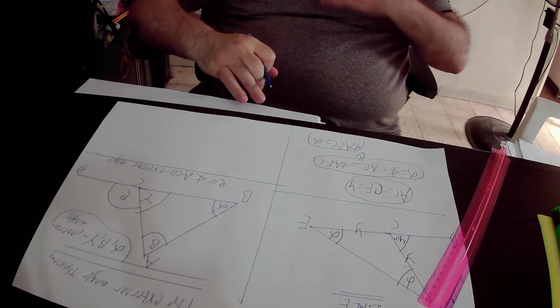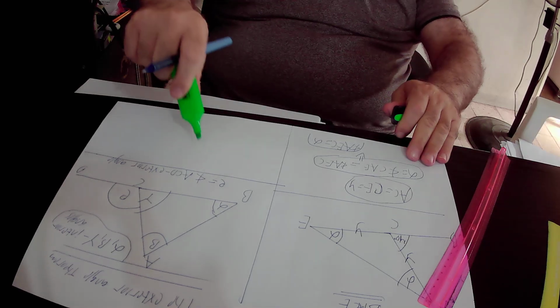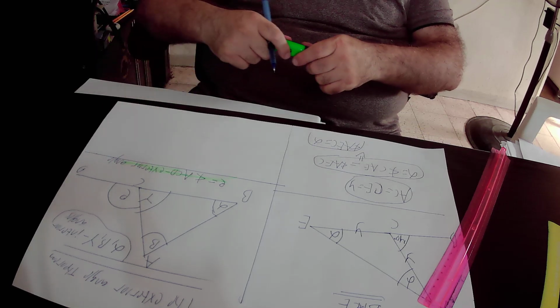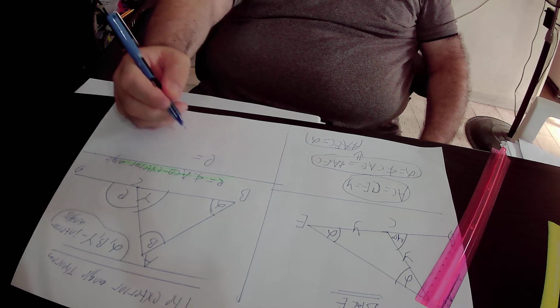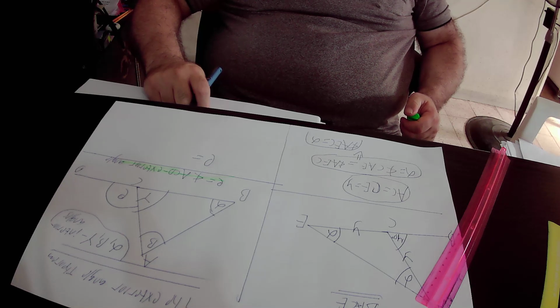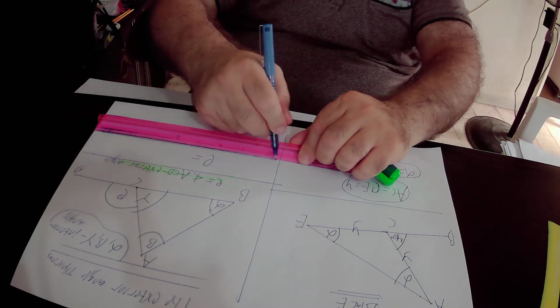Okay, so what is the size of the exterior angle E? The size of the exterior angle E is equal to the sum of the two interior angles that are not adjacent to it. I'll repeat again.